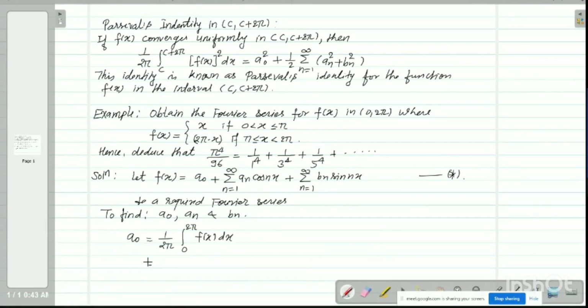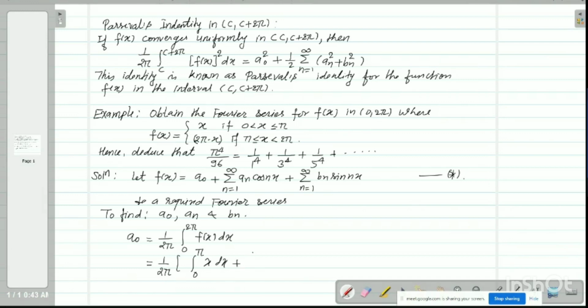And this is equal to 1 upon 2 pi as it is. Your function is split into two parts. For the first function, we will have limit 0 to pi, f of x is x, dx.